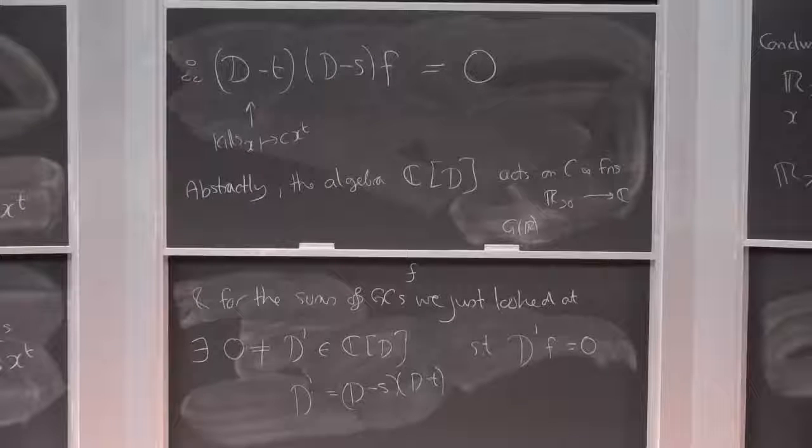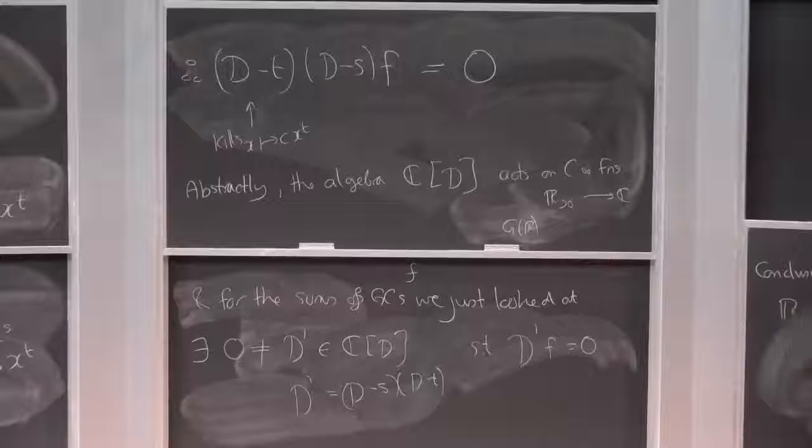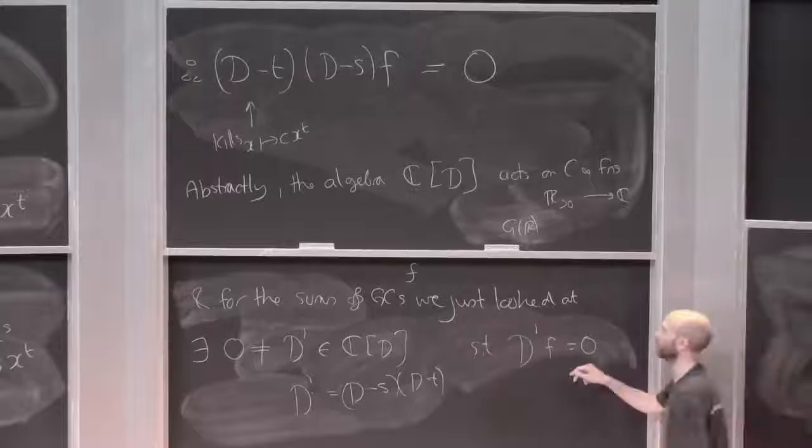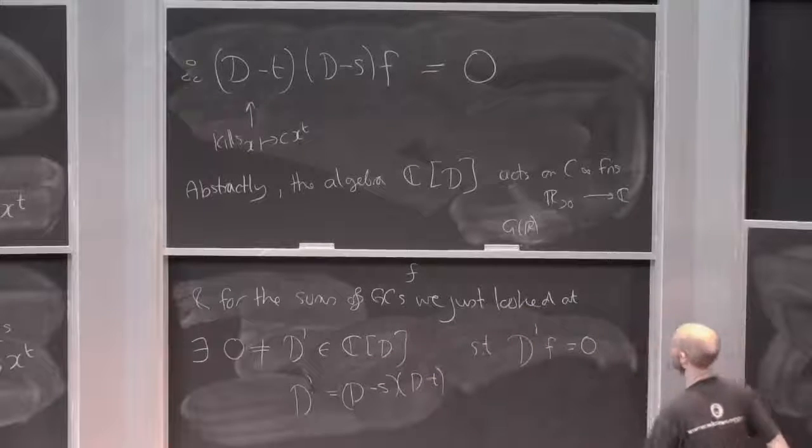Because whatever differential operators are, if you feed 0 in, you'll get 0 out. These things are linear maps. So once D prime kills f, if I take some other random differential operator and apply it to 0, I get 0, right?